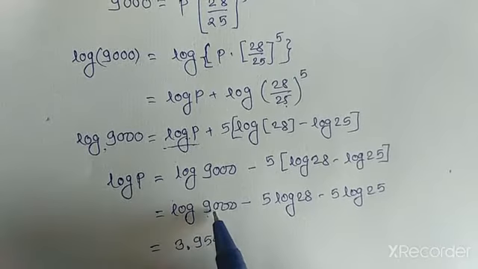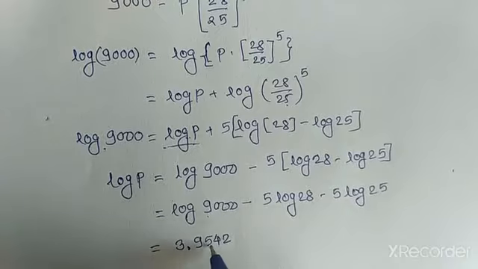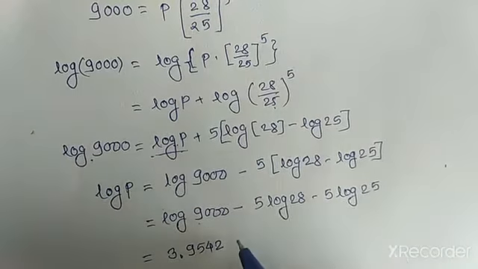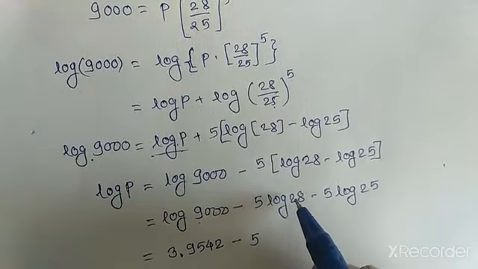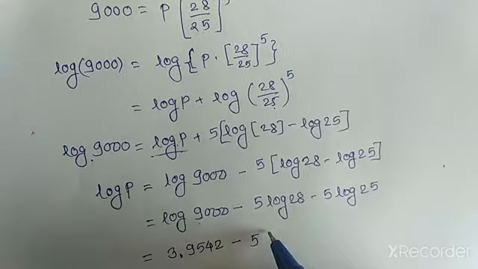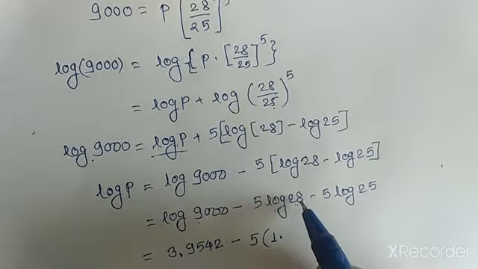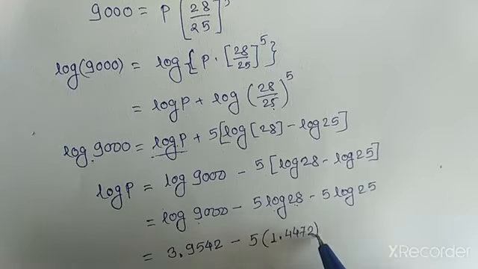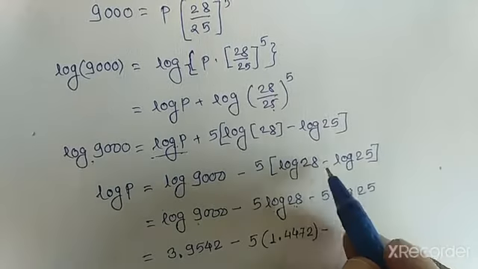We have to see the log table for this. So its first term will be 3.9542 minus 5 into log of 28, where the characteristic will be 1 and 28 is 4472. You have to look at the log table for this.